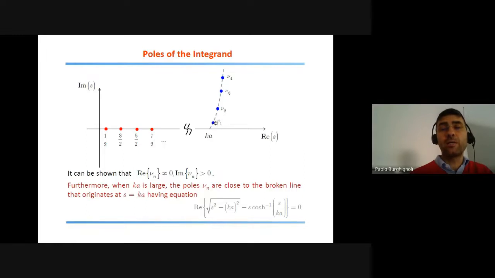They are in the first quadrant of the complex plane, and it can be shown that when ka is large, that is when the radius of the sphere is large in terms of wavelength, this second family of poles lie close to the broken line, here represented with a gray line, whose equation is reported at the bottom of this slide, and that line originates at the point with abscissa ka along the positive real axis.